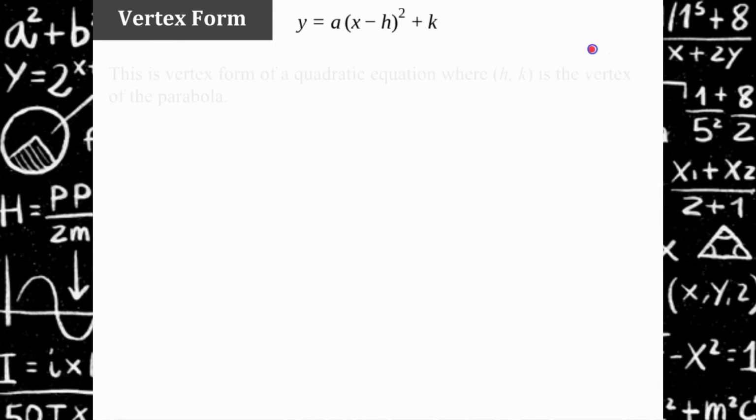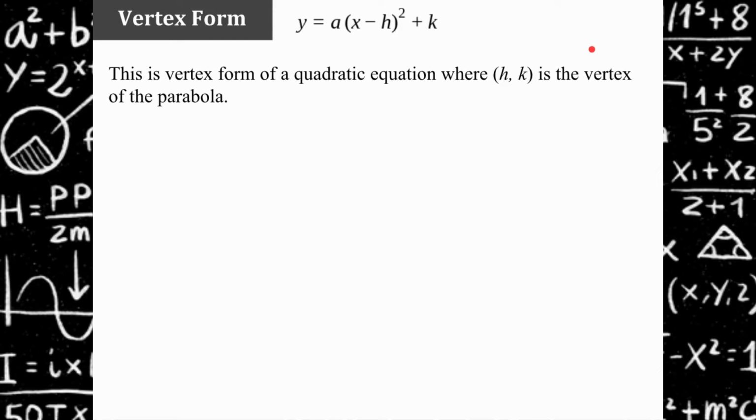So let's dig in. This is the vertex form of a quadratic equation where the values h and k are the vertex. Reminding you that the formula here is x subtract the x coordinate of the vertex, this value h. So we'll review this, but if it's x add h, then h is negative.